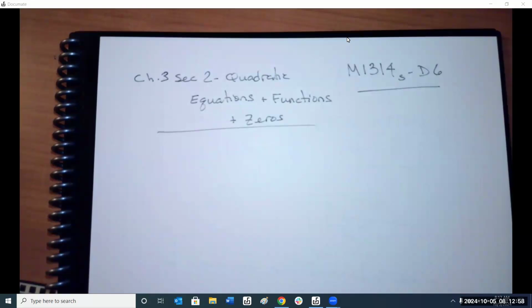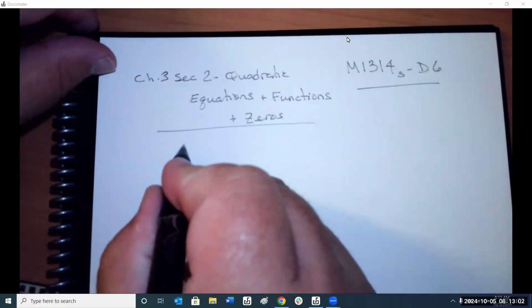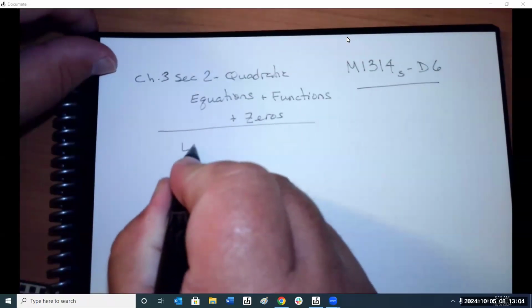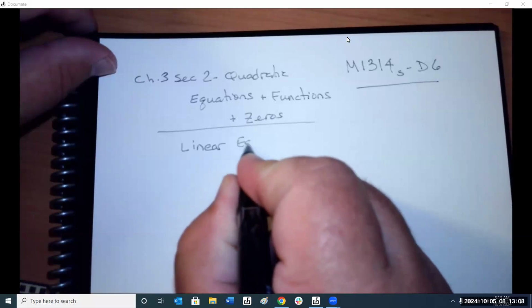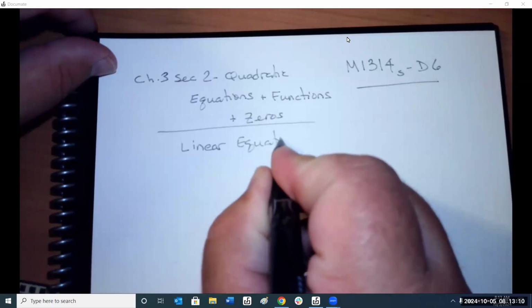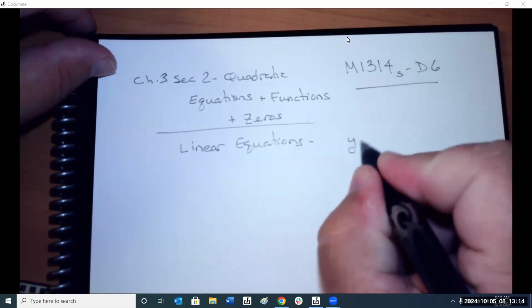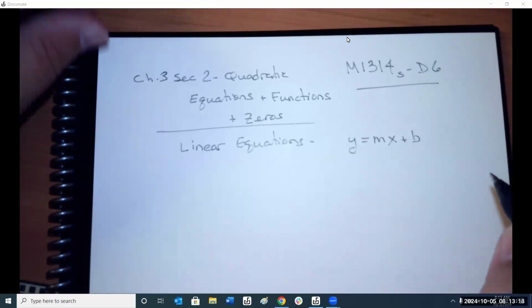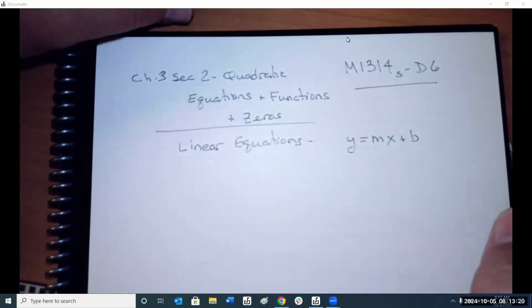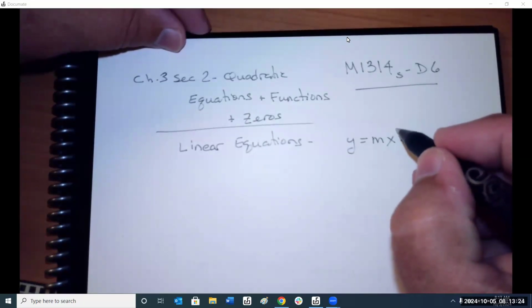Now, how do we know if something's a quadratic equation? Up until now, we've really discussed linear equations, which have the form y equals mx plus b. We know that's a linear equation because of the exponent.